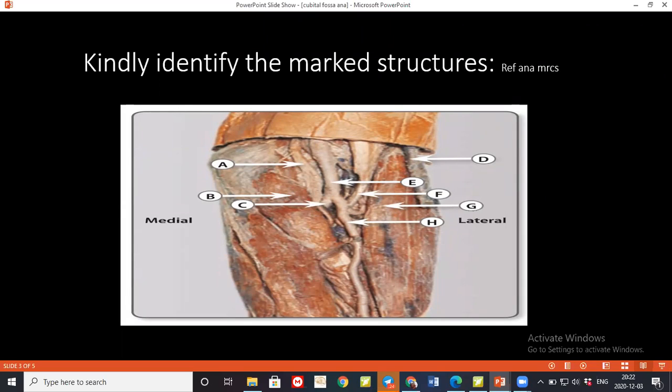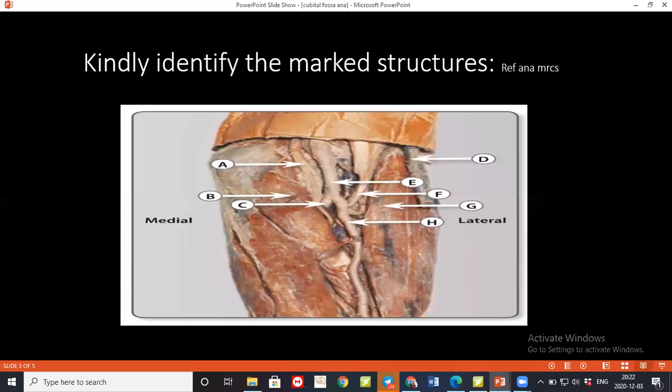Can you also tell me the origin, insertion, and action of the G muscle? G is brachioradialis.